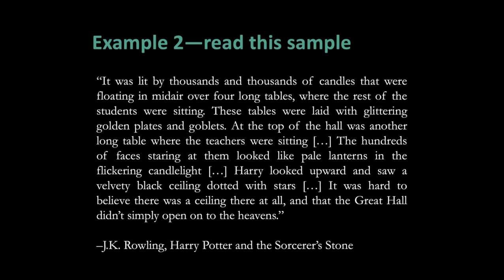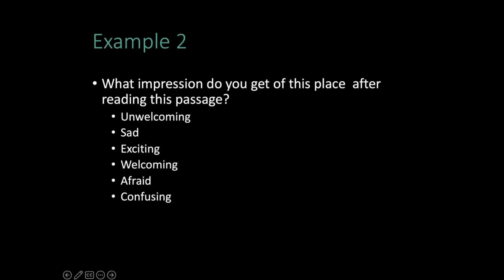Pale lanterns in the flickering candlelight. Velvety black ceiling dotted with stars. And then that last phrase, open to the heavens. Those phrases and those little images all work together to build this feeling that is certainly way more positive than the grandma's house piece that we read before.